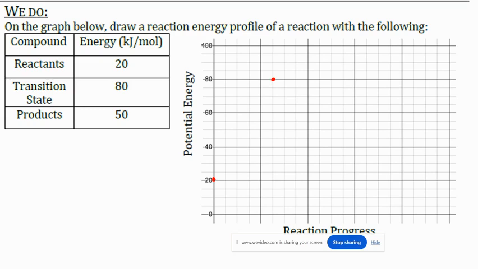And then my products are going to be at 50. It is here. Just with my 3 dots, endothermic or exothermic? Endothermic. Good.